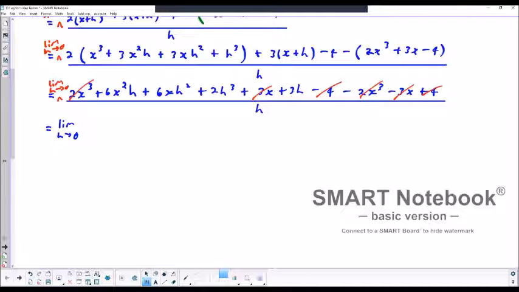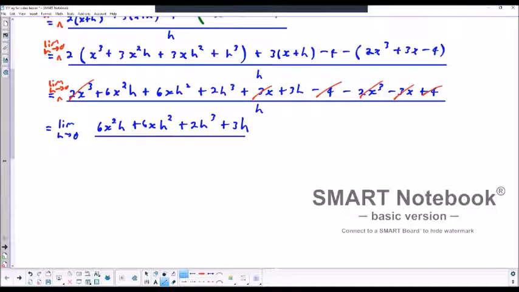Now, we've done all this simplification, so we're left with 6x squared h plus 6x h squared plus 2h cubed plus 3h, and that's all over h. Now at this stage, you have to be very aware. You have to make sure that you have an h in every term in the numerator at this point.